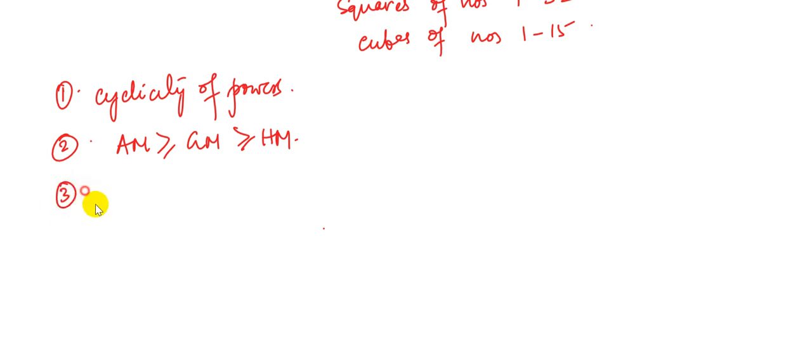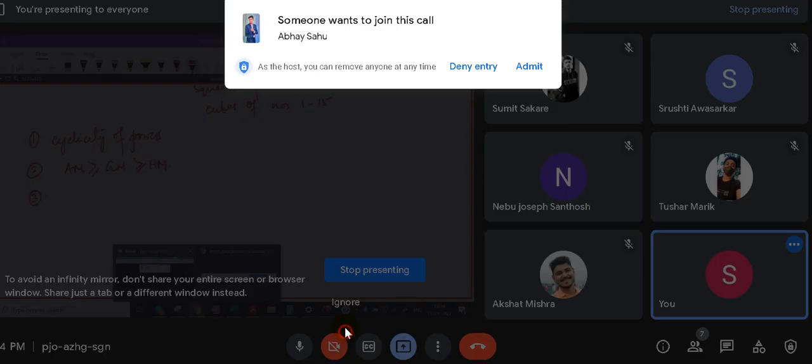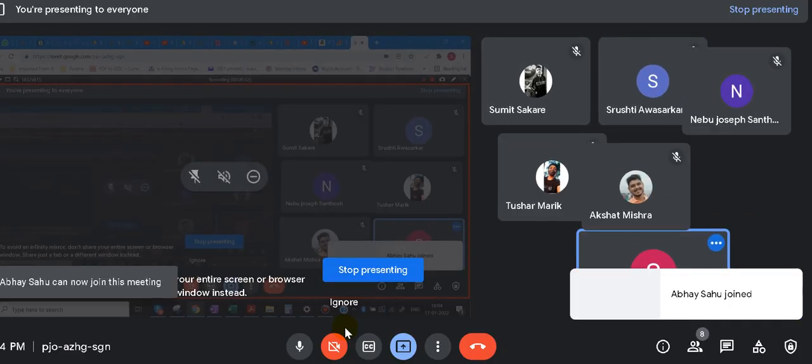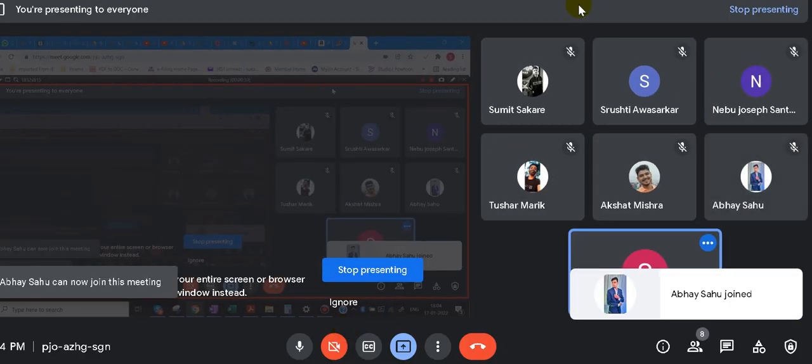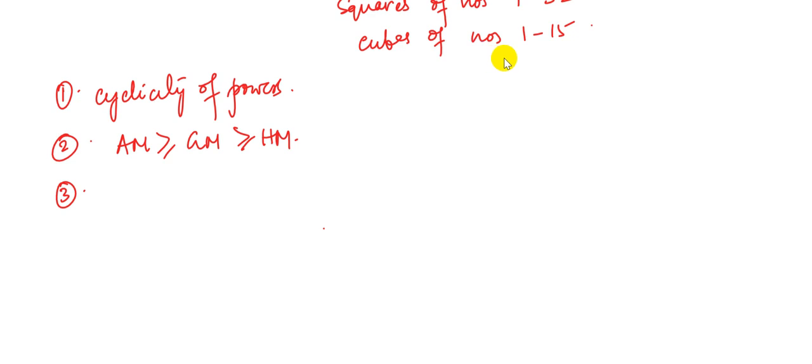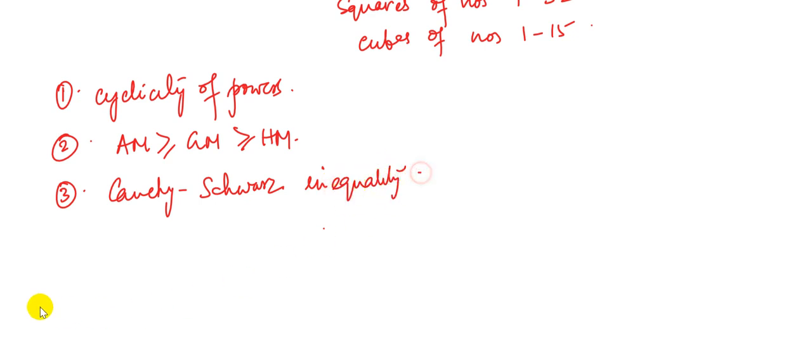The third one is Cauchy-Schwarz inequality. The fourth one is factors and sum of factors.